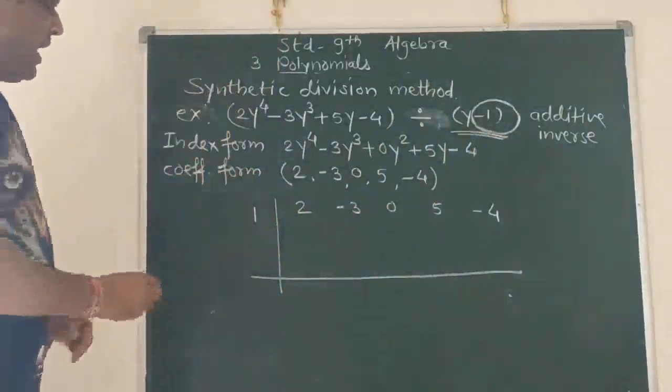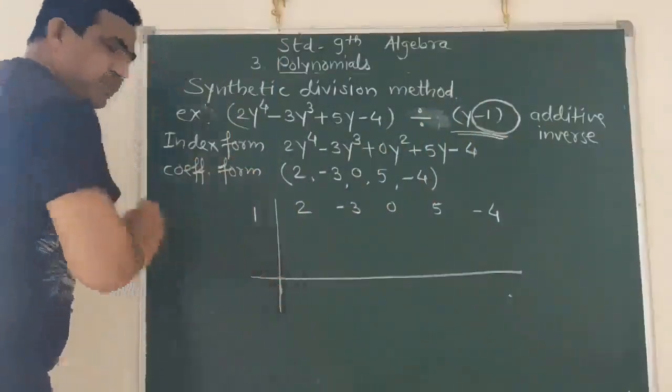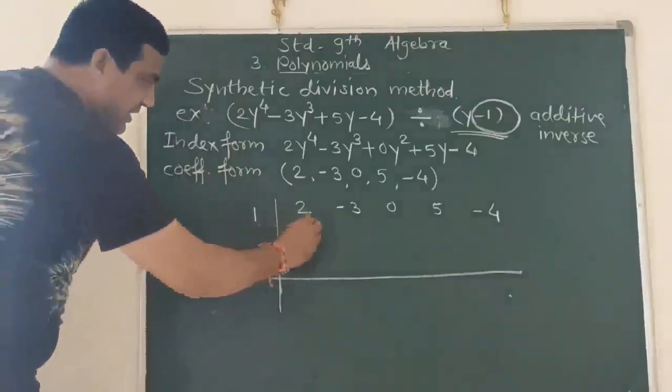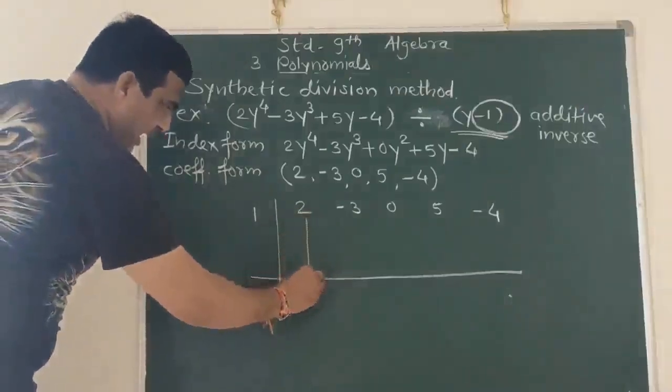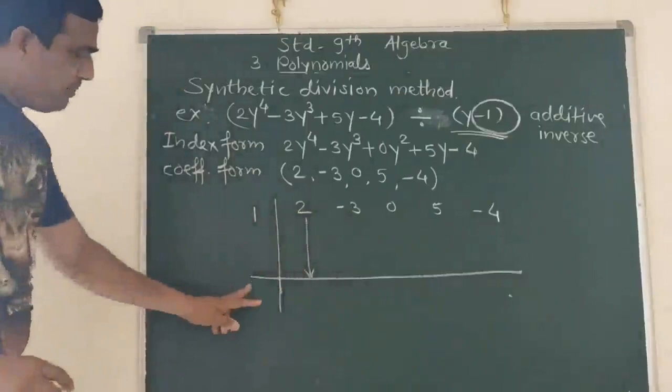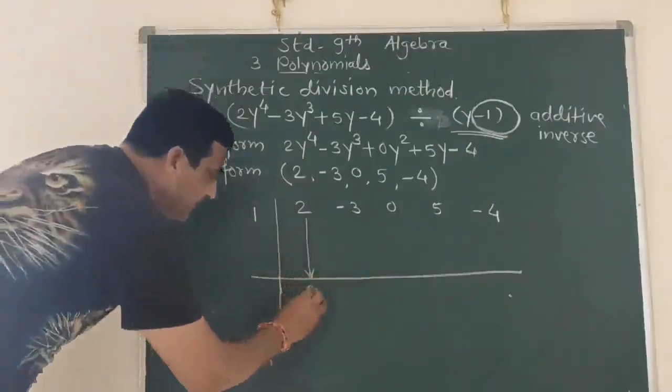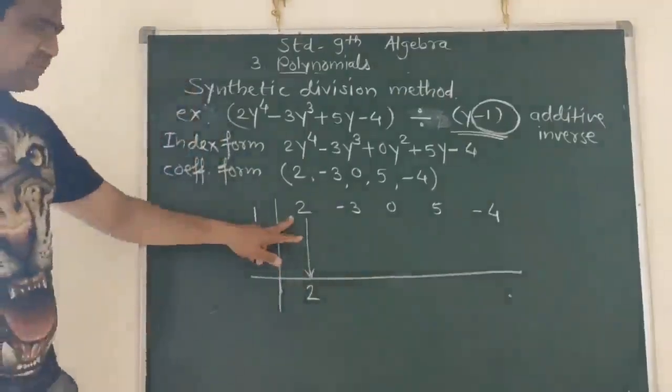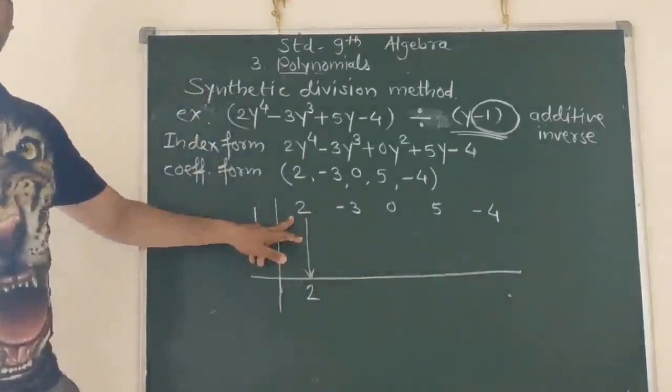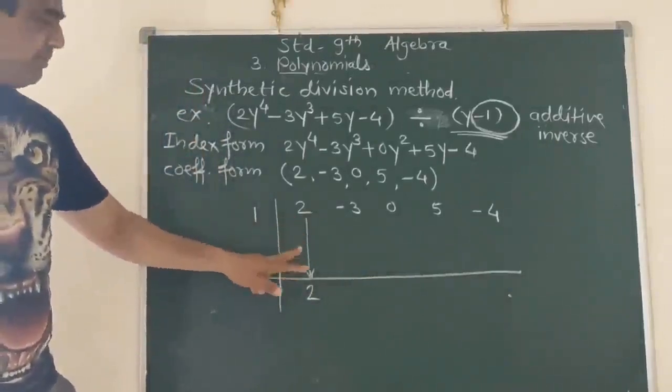Now how to perform this division? First of all, the first coefficient, we have to write as it is below this line.